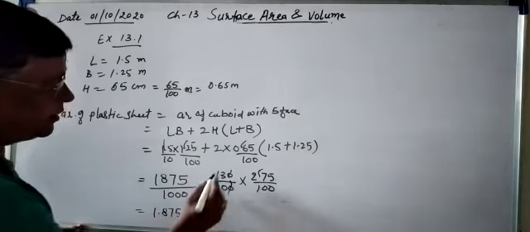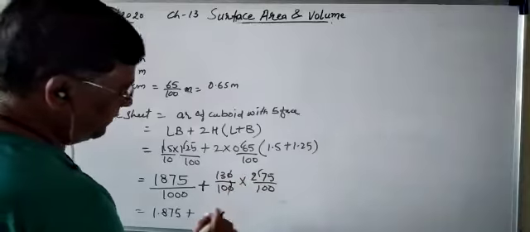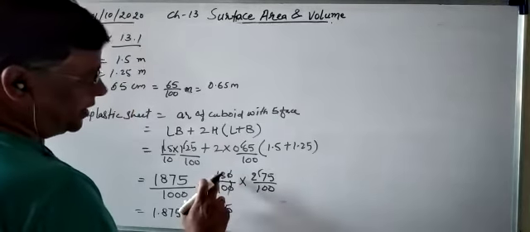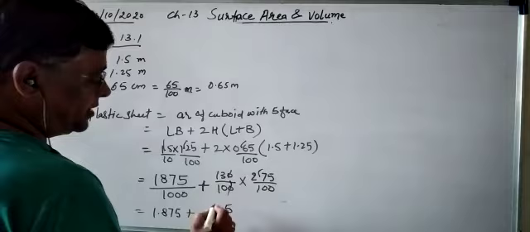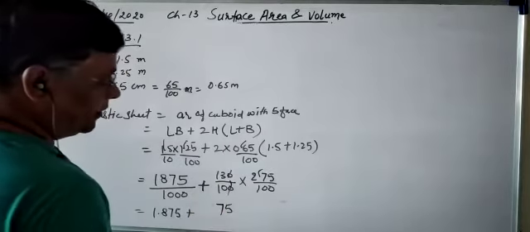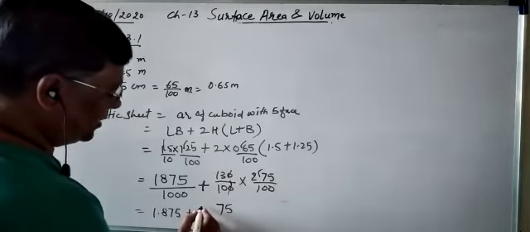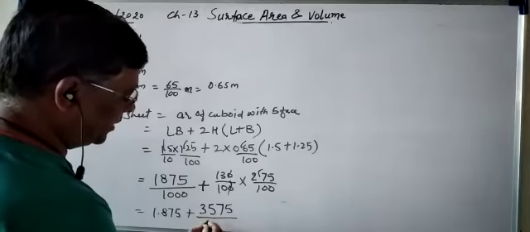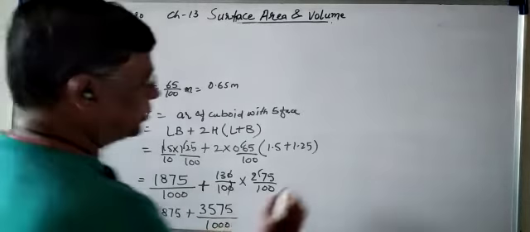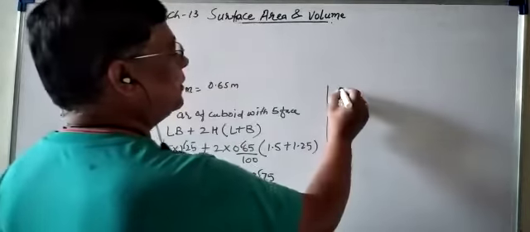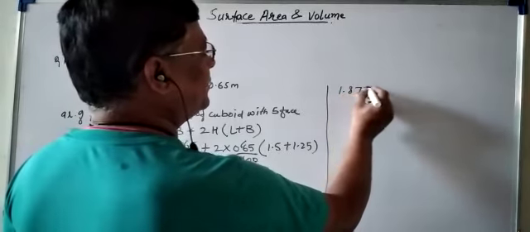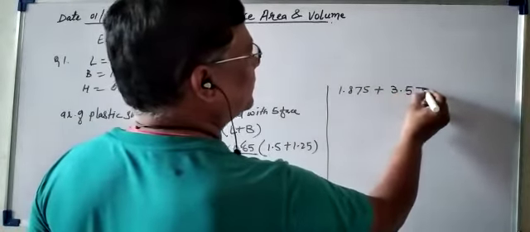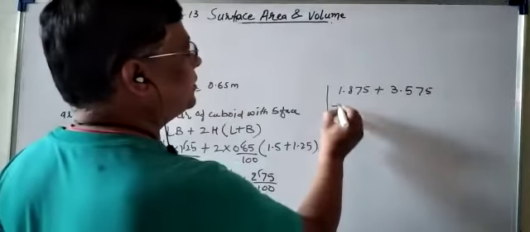Plus now multiply 13 by 275: 13 times 5 is 65, 6 carry, 13 times 7 is 91, 91 and 6 is 97, 9 carry, 13 times 2 is 26 and 9 is 35, upon 10 into 100, which is 1000. So we have 1.875 plus 3.575.